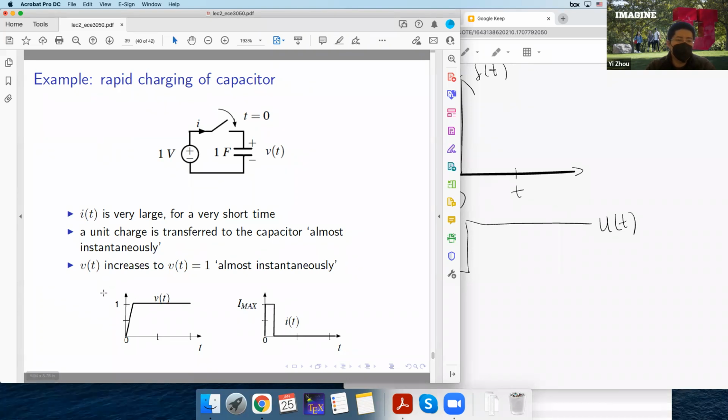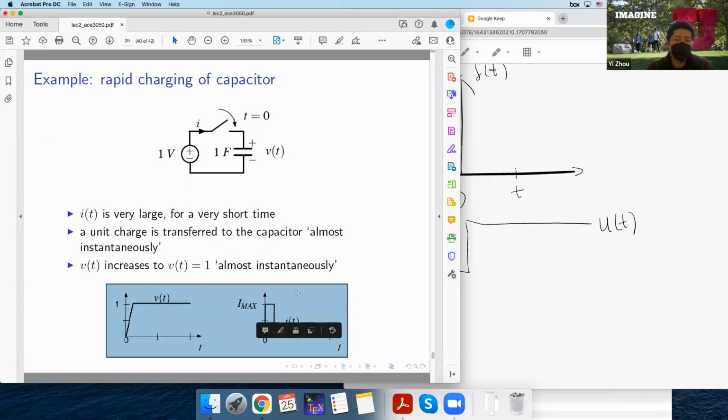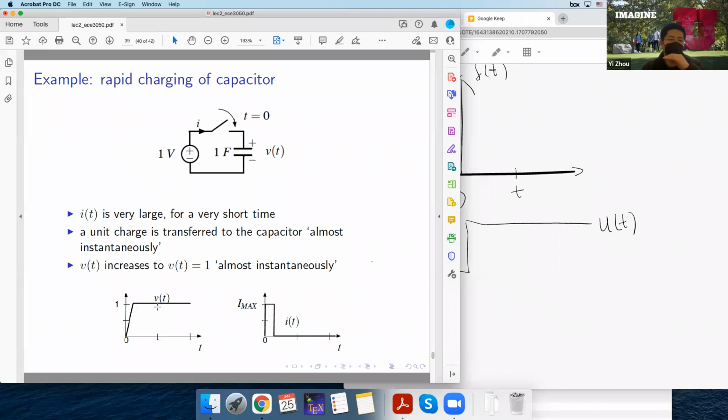These two figures illustrate the voltage and current of this capacitor. Once the switch is on, the voltage of the capacitor will, in a very short period of time, reach the voltage of the power source. And this usually occurs within milliseconds.